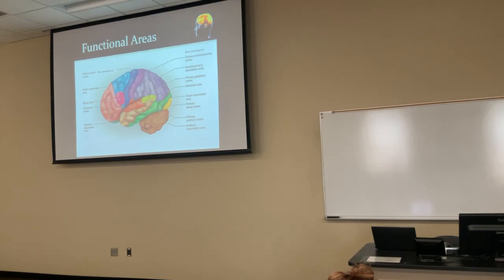And then this yellow shaded area is called Wernicke's area. That area is involved in language comprehension. So this area allows you to associate certain sounds with words. So it's one of the association areas of the brain. This orange area is an auditory association area.